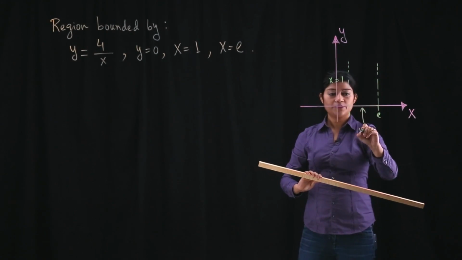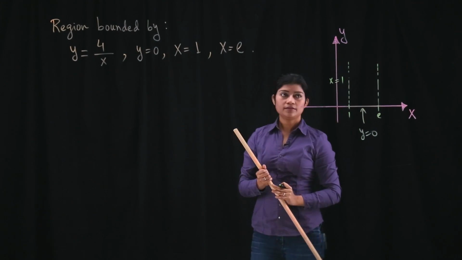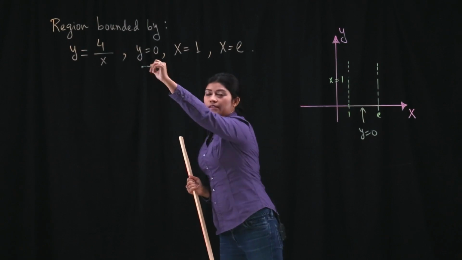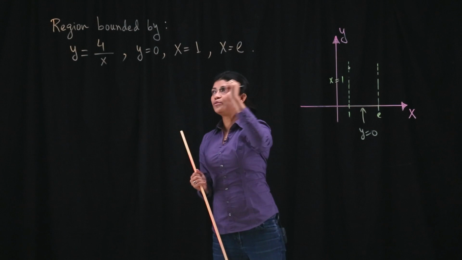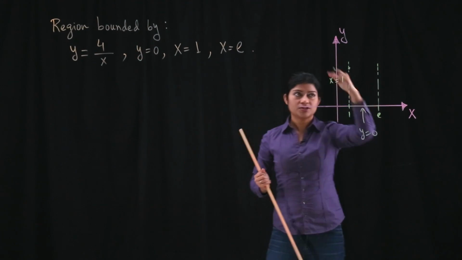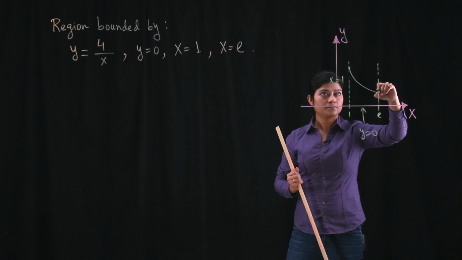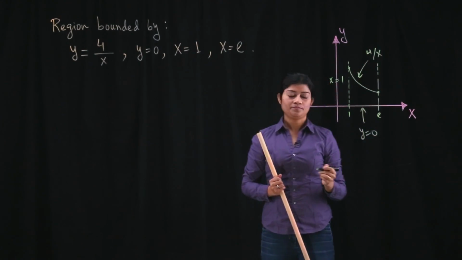And then 4 over x. Well, at x equals 1 it's 4, so say it starts here. At x equals e it is 4 over e, so it's decreasing, right? So say something like this. So this is 4 over x.